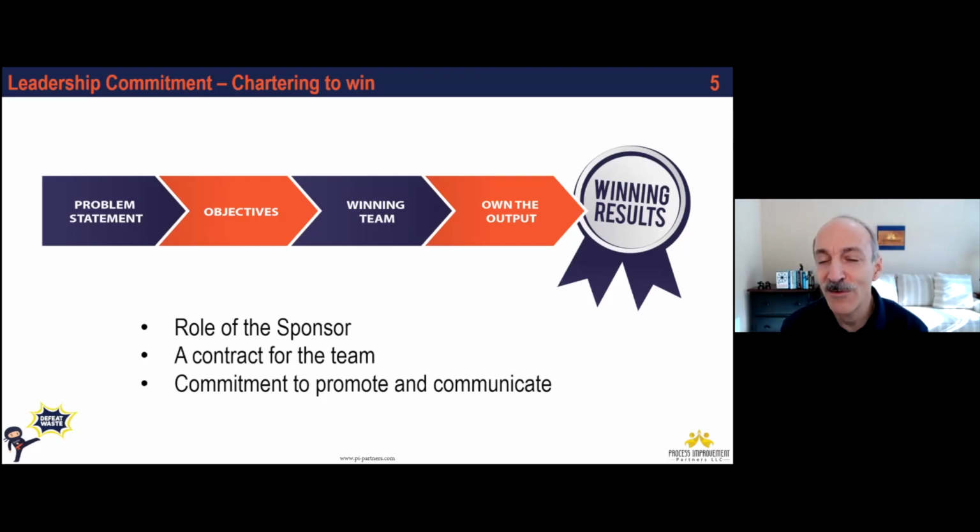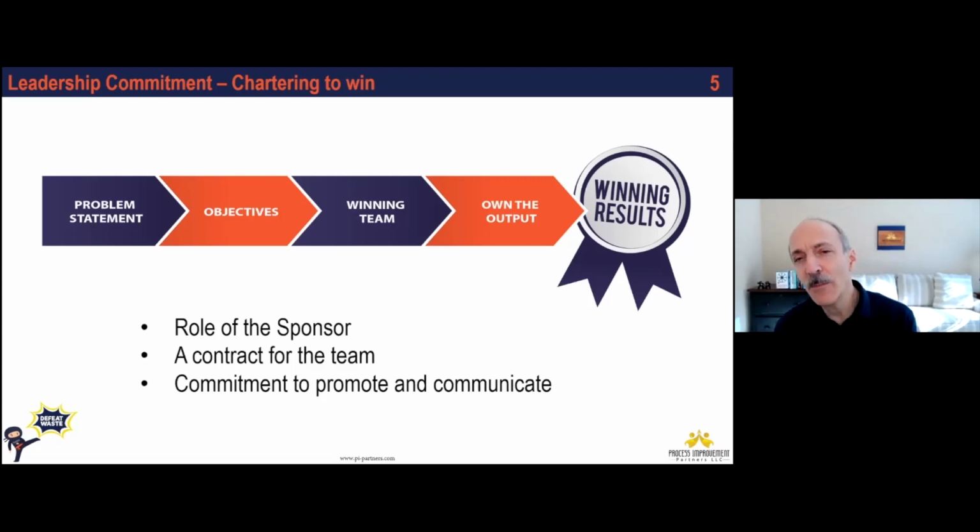Once the charter is approved by sponsor and leader, the approval is done. We're going to move forward, right? The only difference is whether they're going to engage me as a consultant or facilitator or not. If they choose to move forward, this is the contract for the team. This says, go forth and conquer.